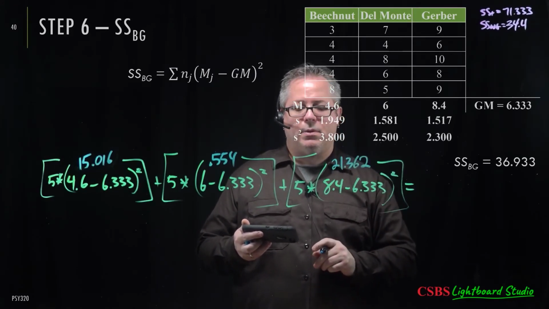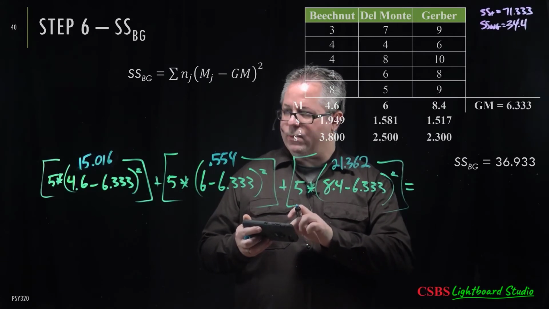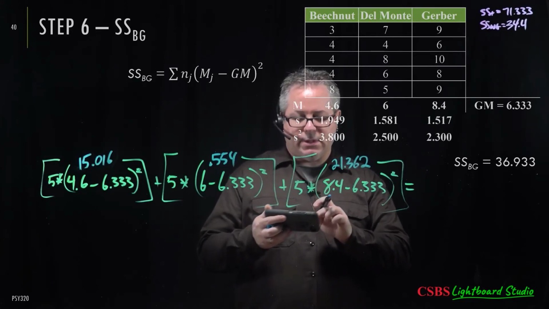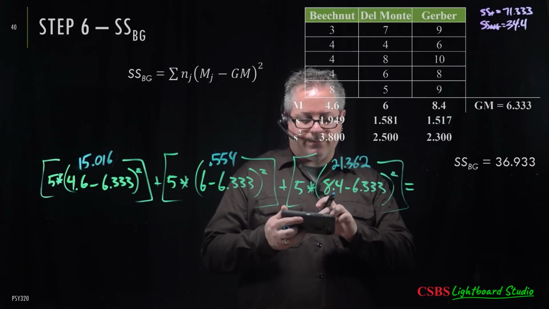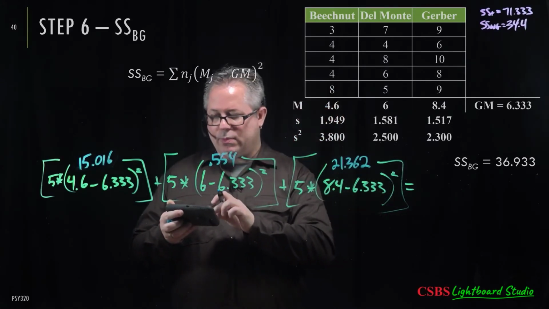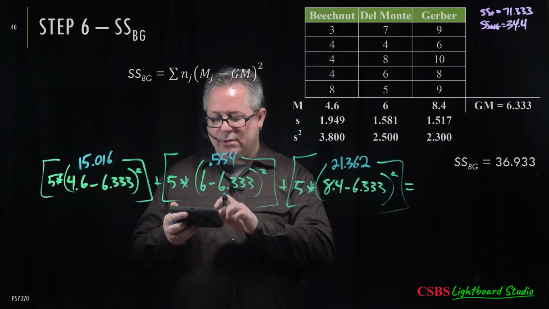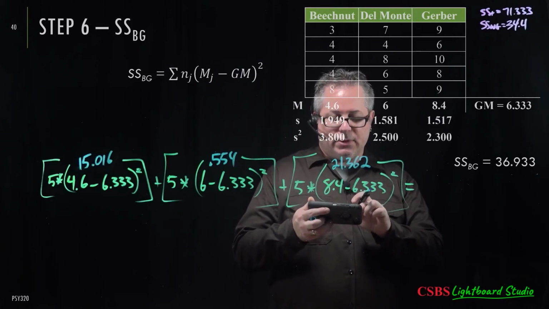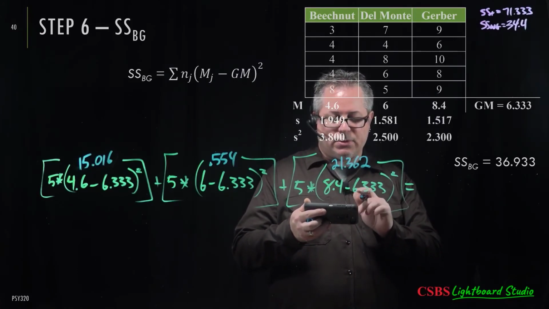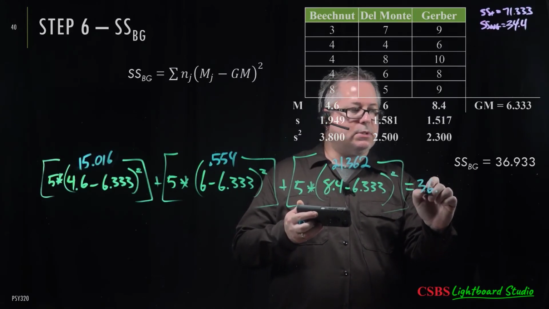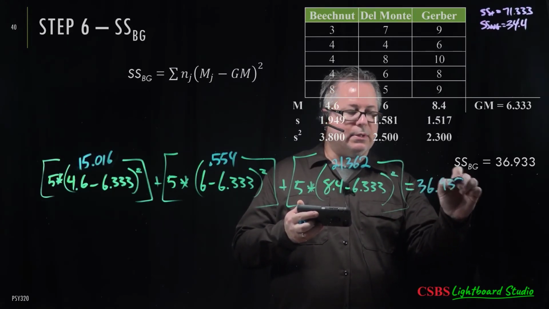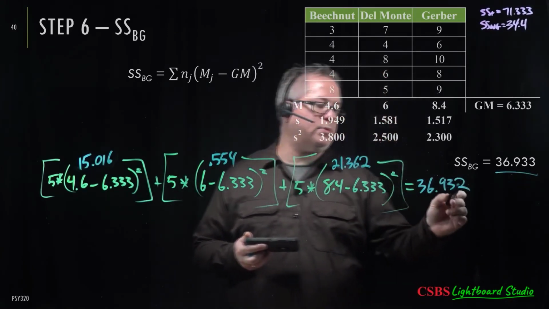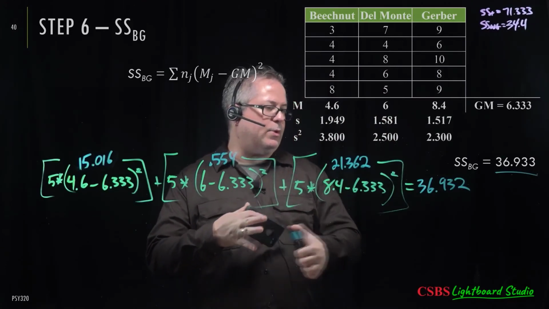Okay, so 15.016 plus 0.554 plus 21.362 equals 36.932, which, I mean, that's super close to that, right? Just one value off in the third decimal.